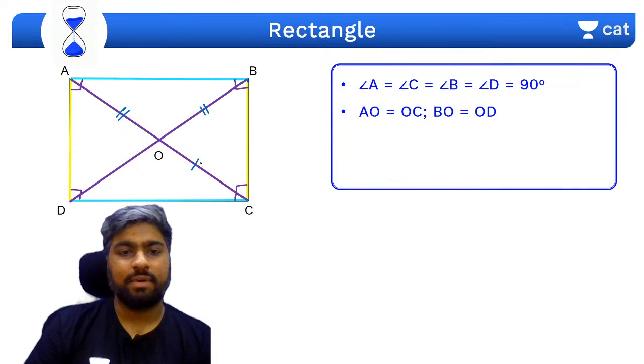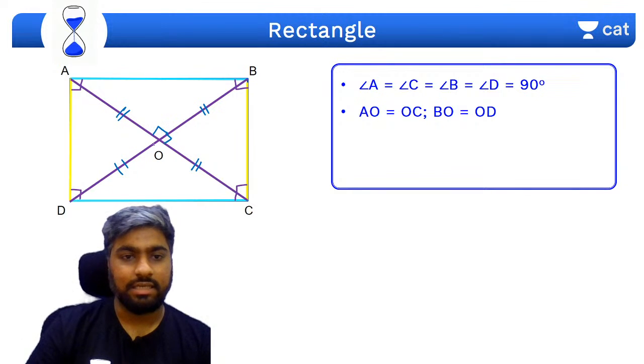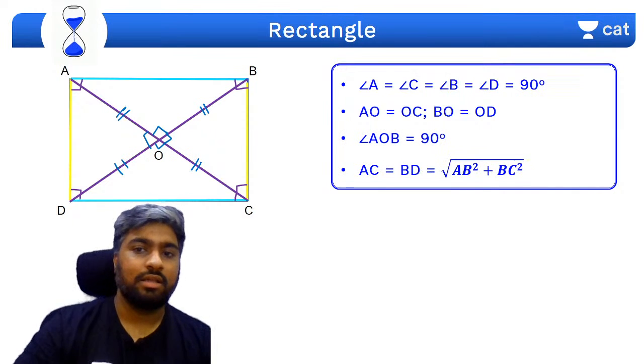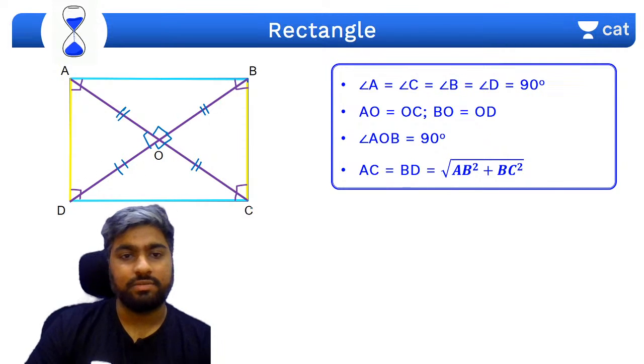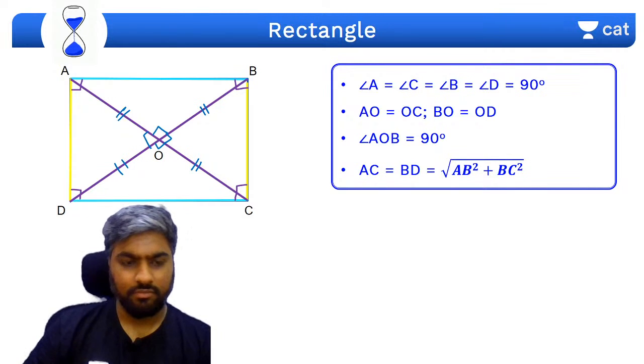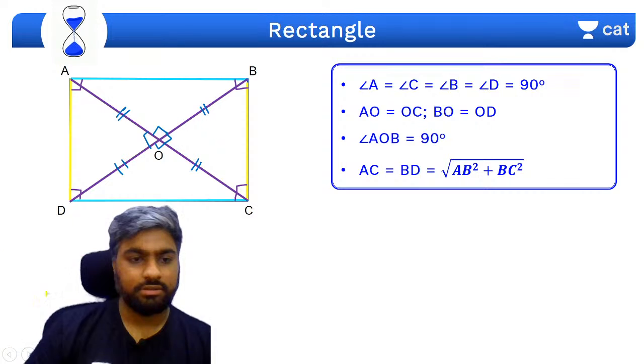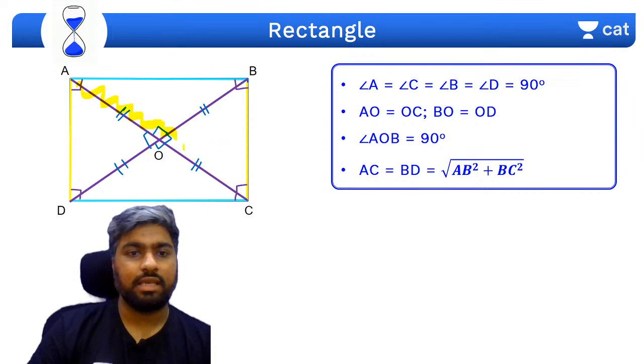In this case, they bisect each other at 90 degrees, and they are equal to each other also. That means their halves are also equal. Got it? The whole of this and the whole of this are equal.